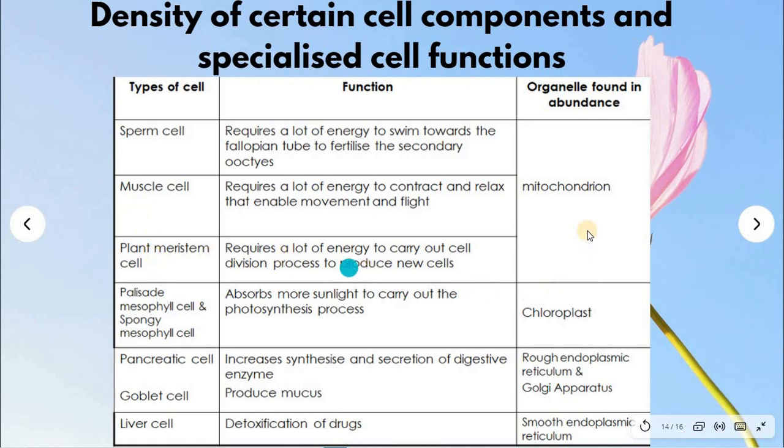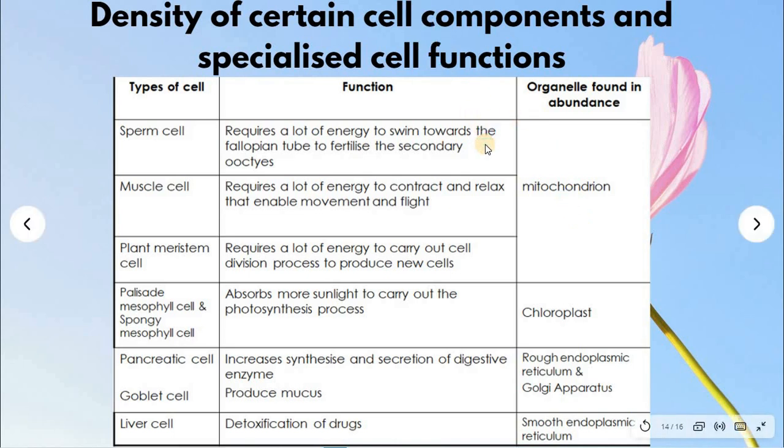The organelle found in abundance, meaning the organelle that can be found a lot in the cells, is mitochondrion. So there is a lot of mitochondrion in the sperm cell, muscle cell, and plant meristem cell. Okay, so relate with the function.